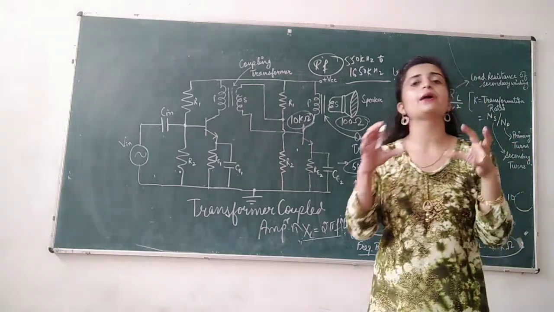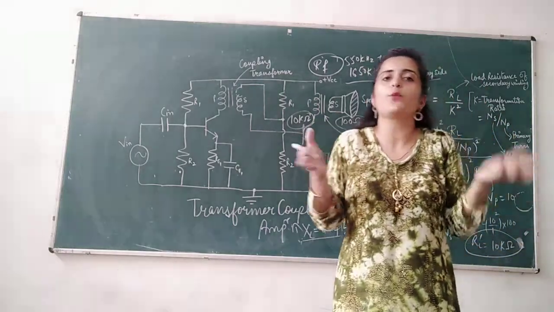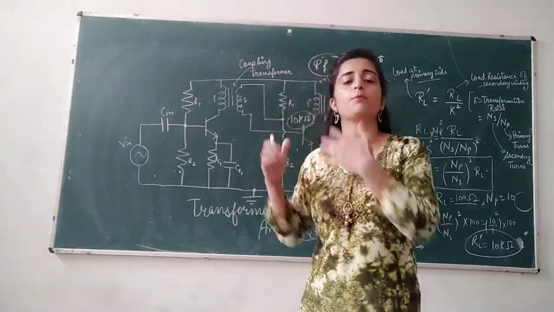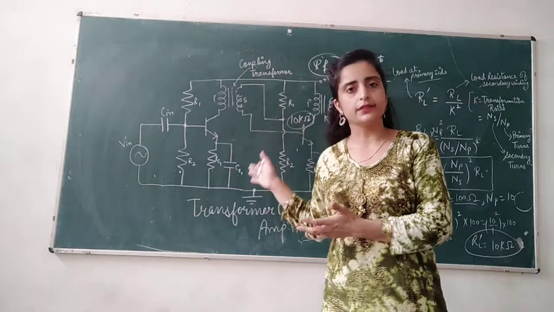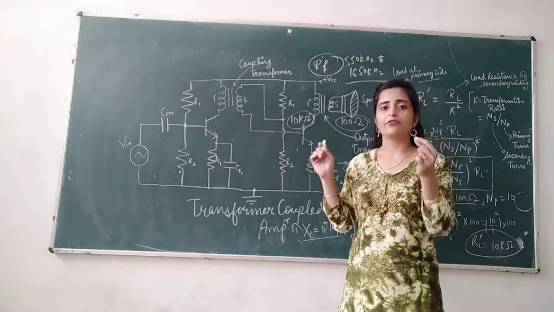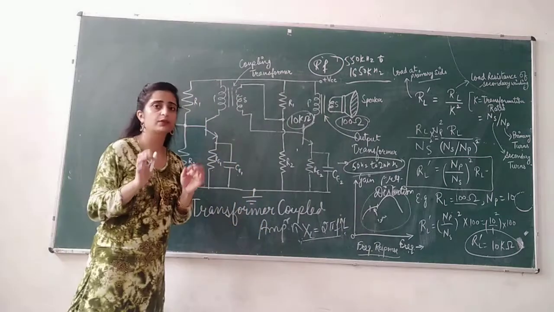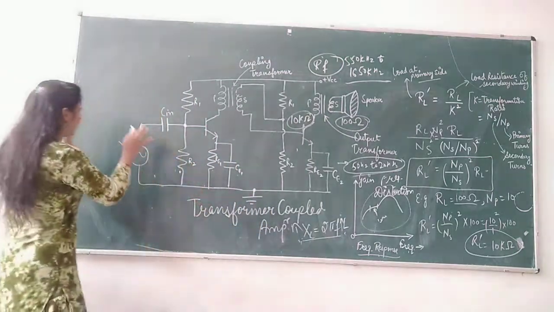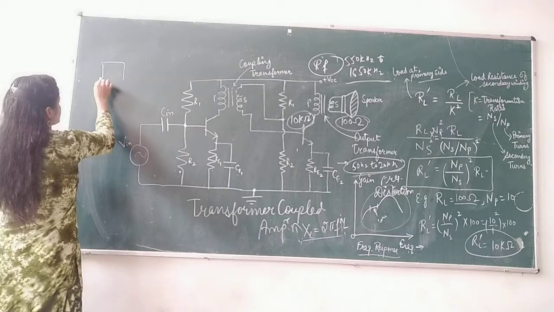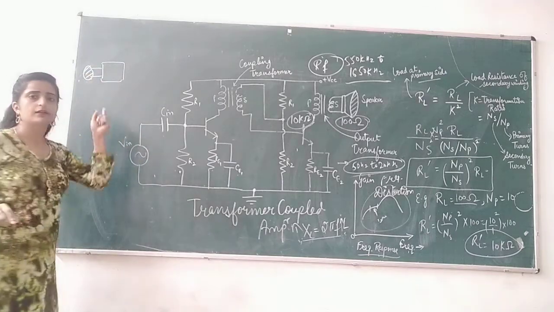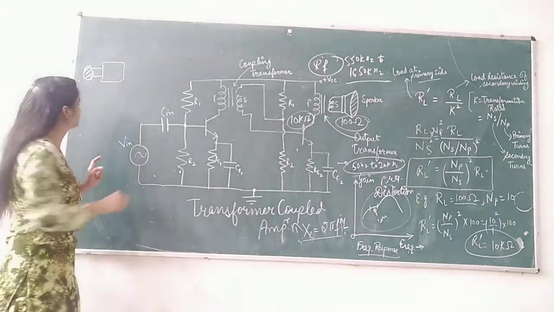So all the amplifier circuits have their own advantages, disadvantages and applications depending upon the working of the circuits, right? So I will tell you in brief about the multi-stage amplifier, how it works. Say for example, this is the input side. Here a mic is connected at the input side.